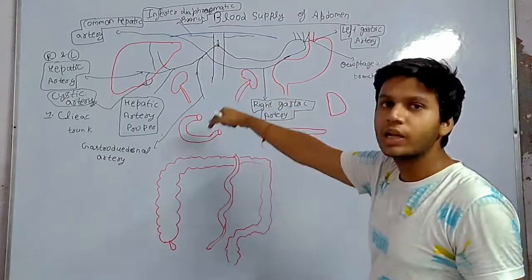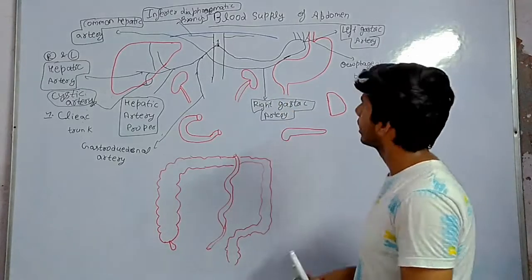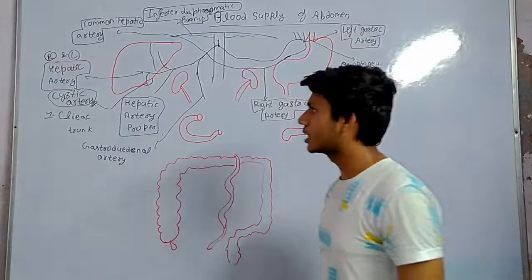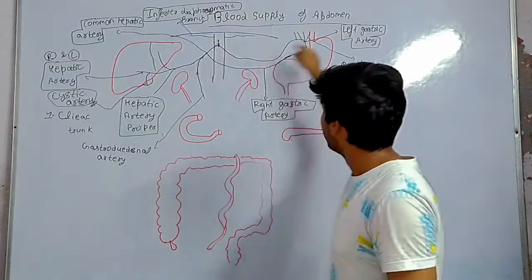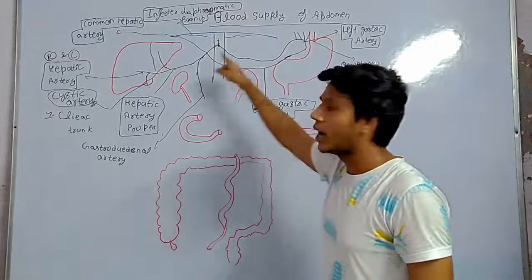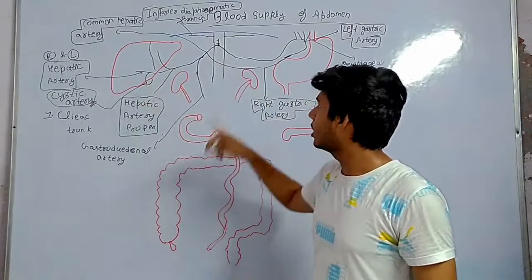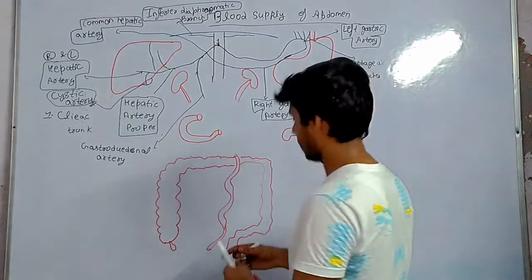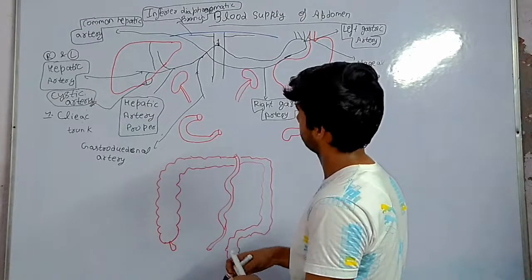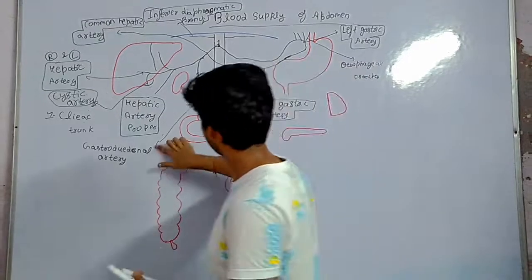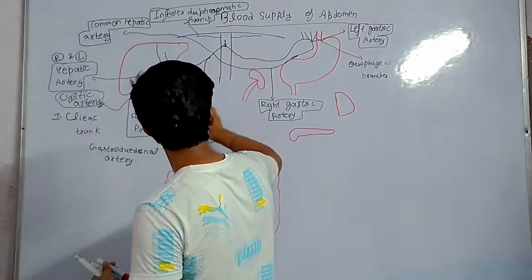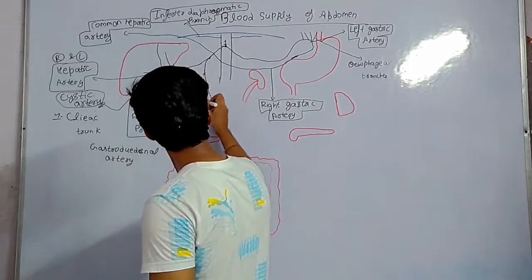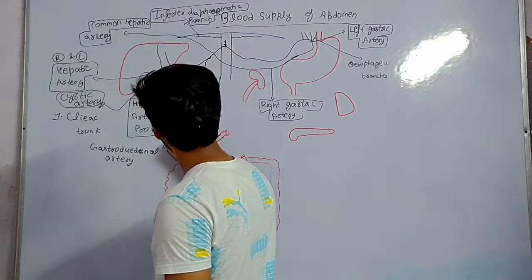It goes inferiorly and supplies other organs. Then again, there are three branches of the celiac trunk. First is the left gastric artery, then the common hepatic artery. Then the third branch of the celiac trunk is the splenic artery, which supplies the spleen.